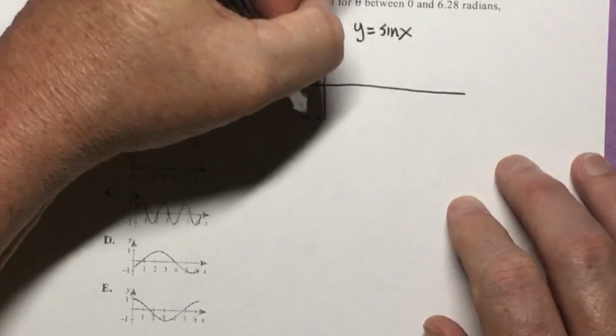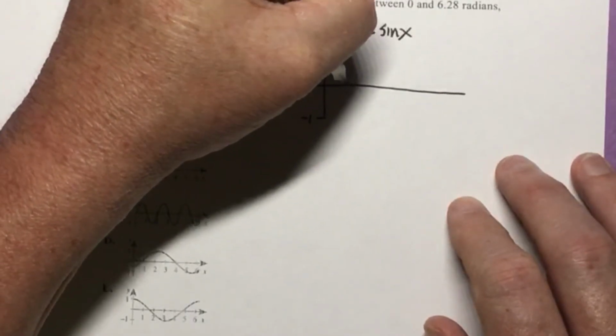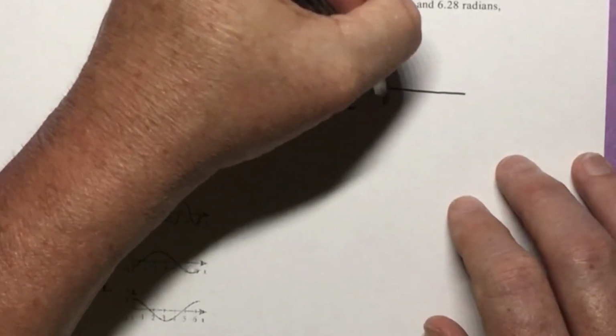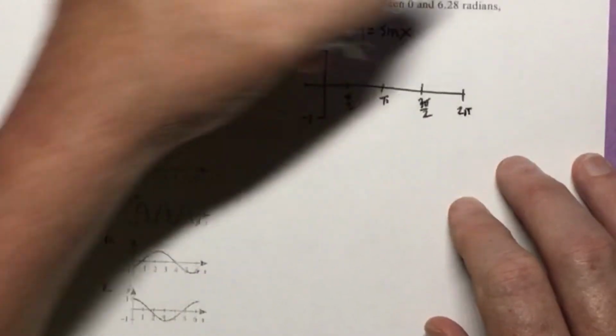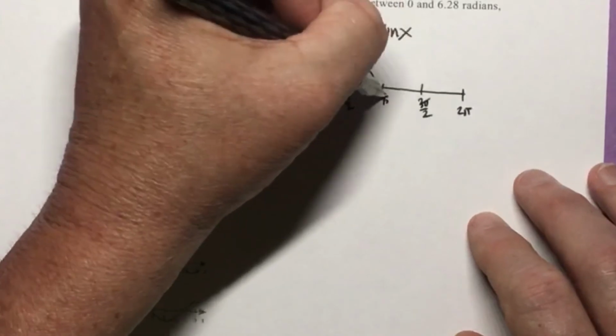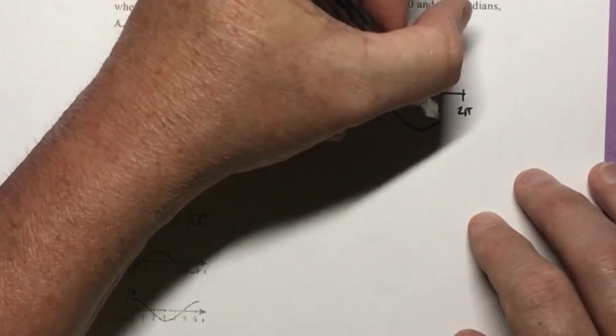It goes from 1 to -1, and it has important values at pi over 2, pi, 3 pi over 2, and 2 pi. And from here it goes up to 1 and crosses down.